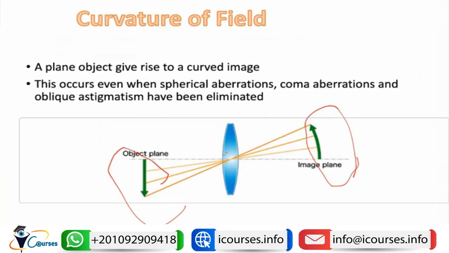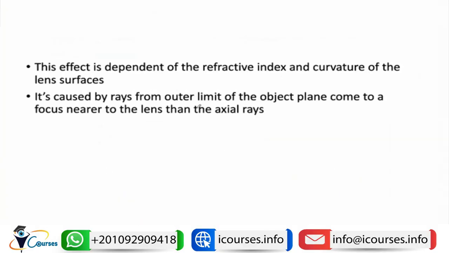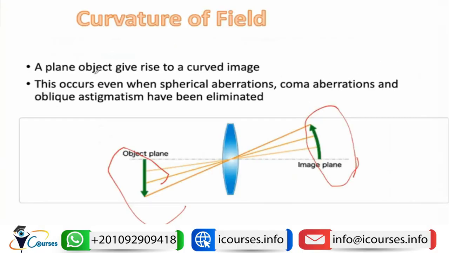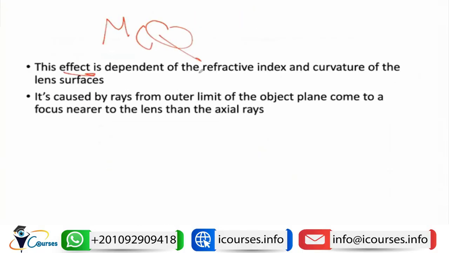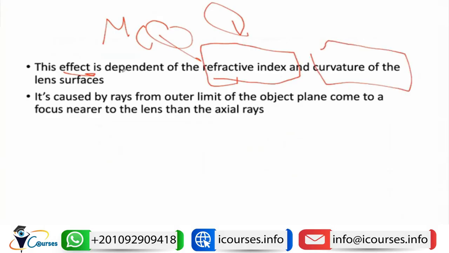And this is simply due to unequal refraction itself, different refraction by the center and the outer part of the object. This is for MCQ: the effect of the curvature of field is dependent on, number one, the refractive index, and the second factor, the curvature of the lens surface.